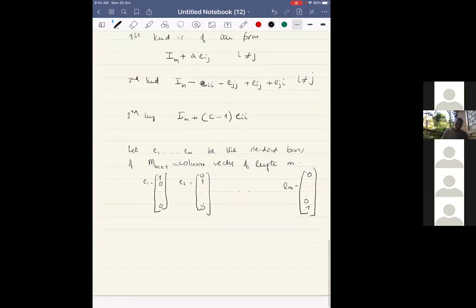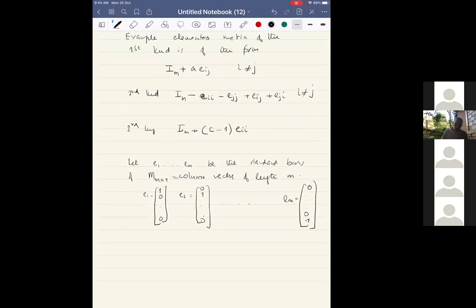Okay, so now if I take an elementary matrix of the third kind, I_M plus (C minus 1) E_ii, and act on E_k.